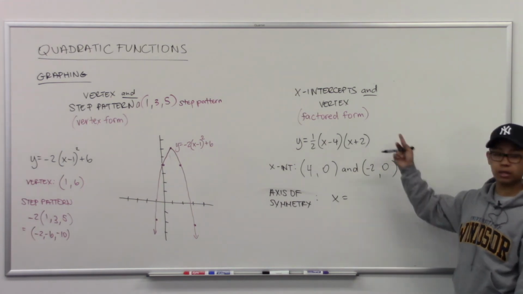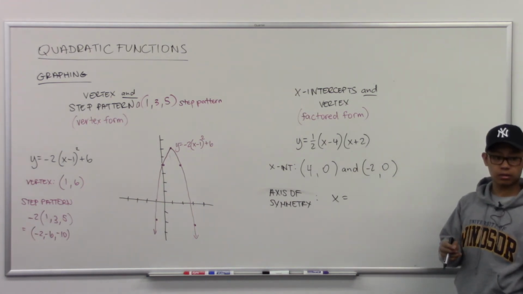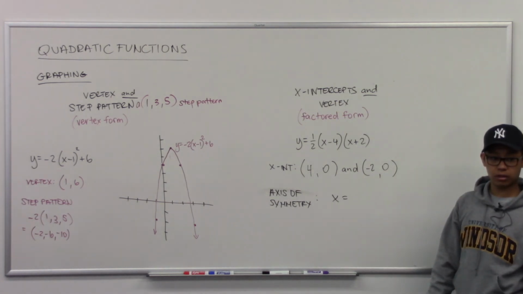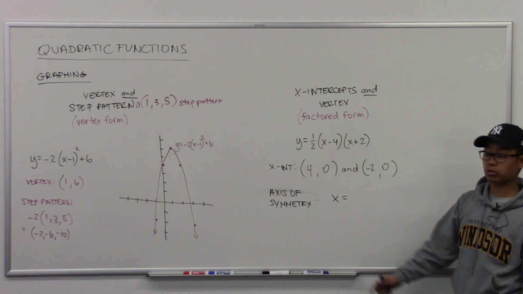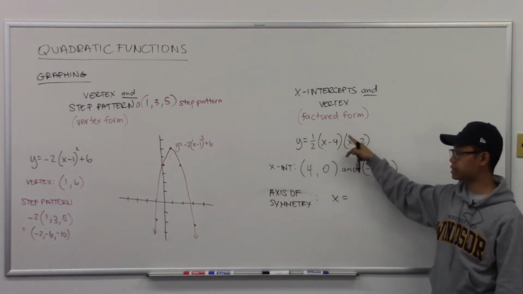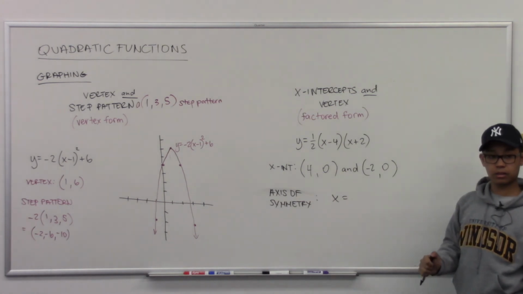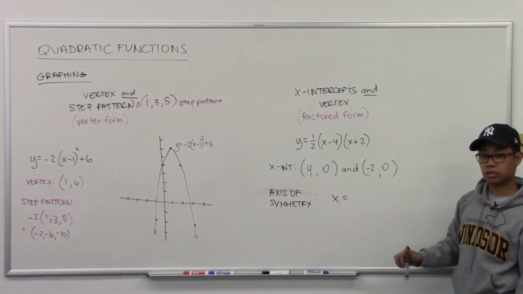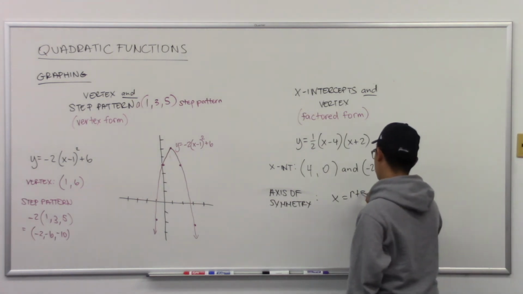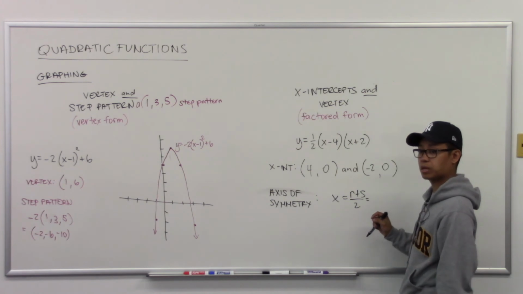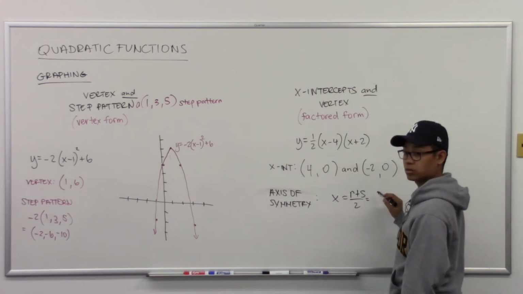What form are we in? What equation form are we in? Look, factored form has brackets like this. So it's r plus s divided by 2. What is r?